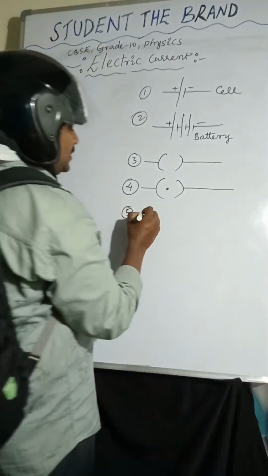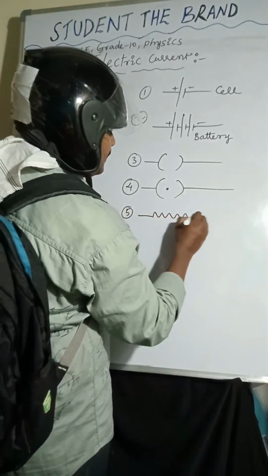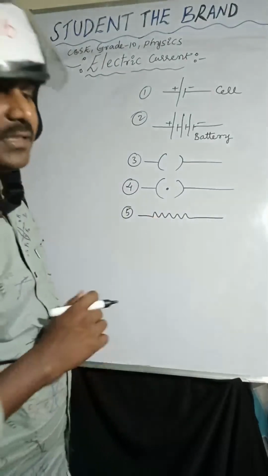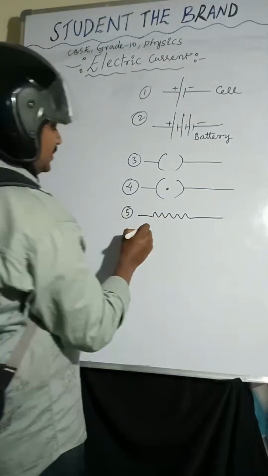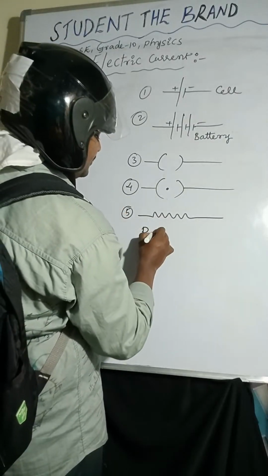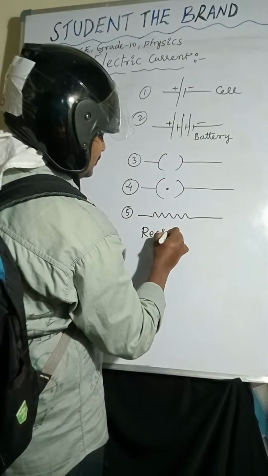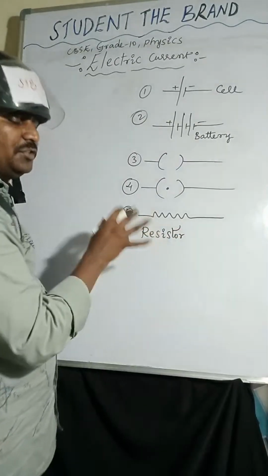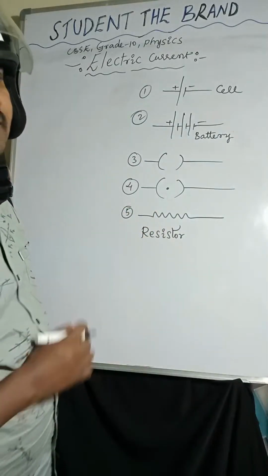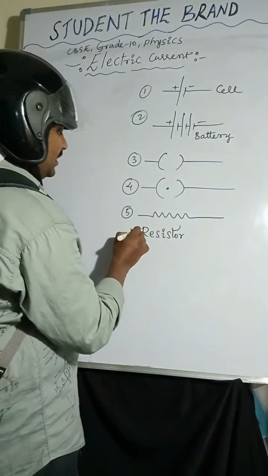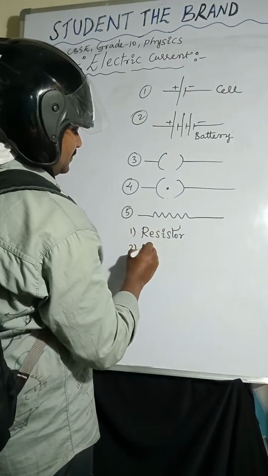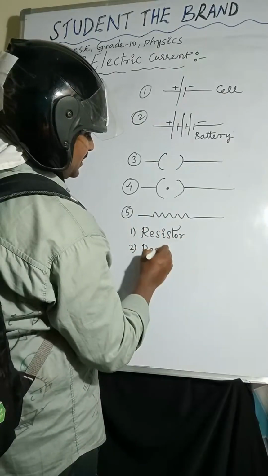Next one, resistor. About resistor, I will discuss a few points. Point number 1: resistor is a device which is used to oppose the electric current in the circuit.